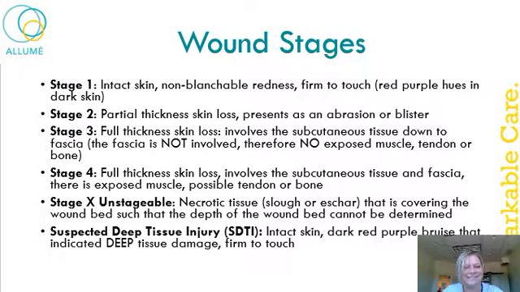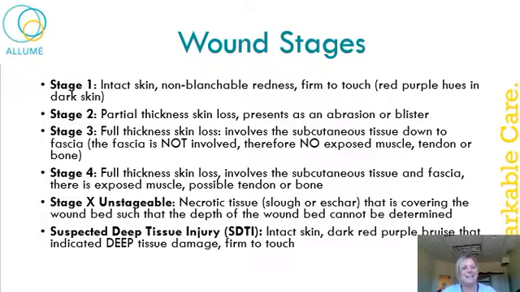Moving right along. Stage 4: full thickness skin loss involving the subcutaneous tissue and the fascia. There is exposed muscle, possibly tendon or bone. Really not good. Unstageable, or stage X: necrotic tissue, slough or eschar, is covering the wound bed such that the depth of the wound bed cannot be determined.